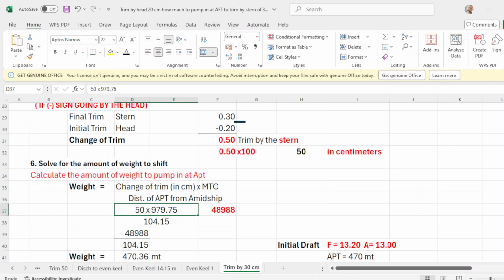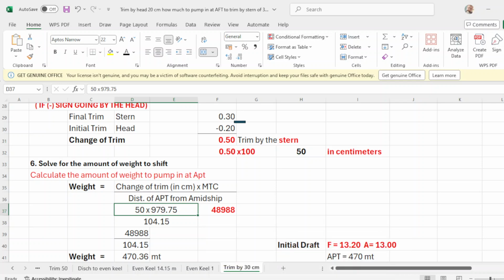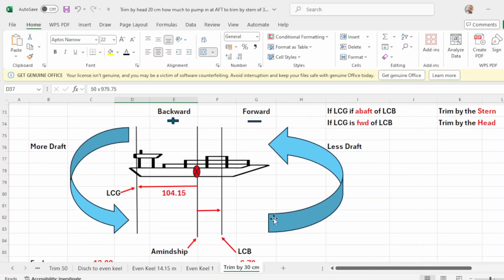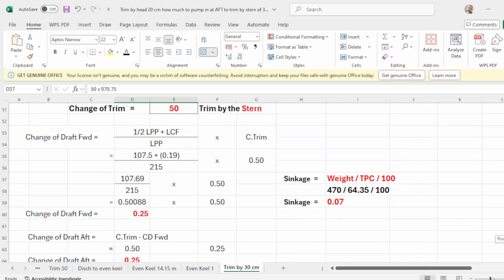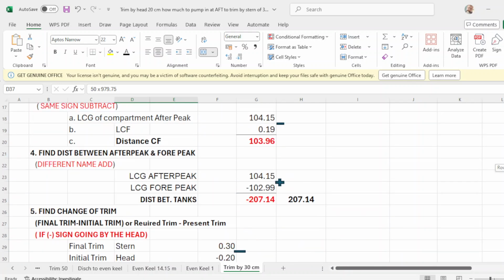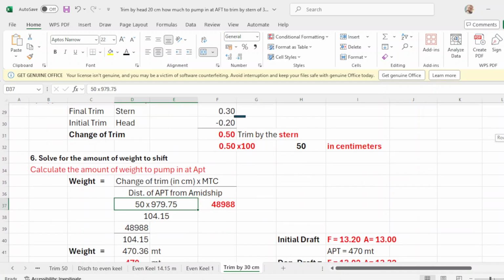So this is the one, guys: the distance from amidship to the after peak tank, the LCG of the after peak tank. Okay, so that is 104.15, which is this one, the LCG of after peak.